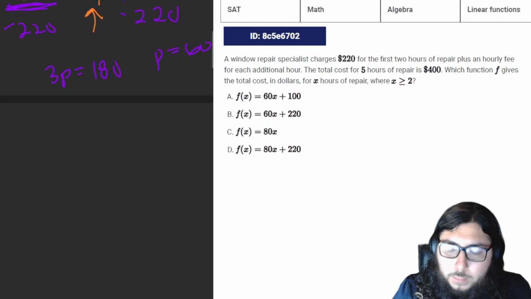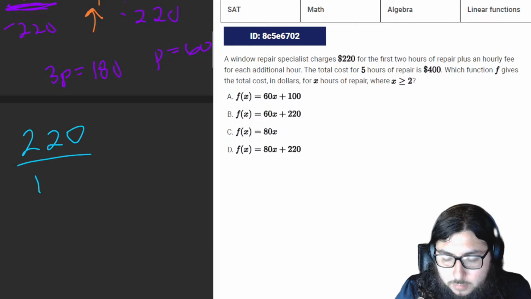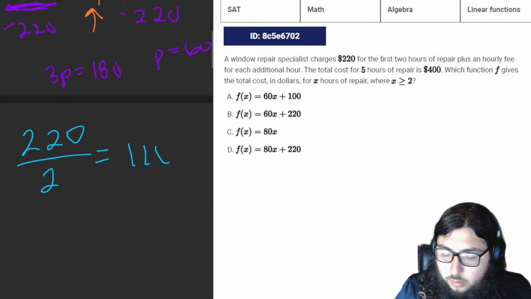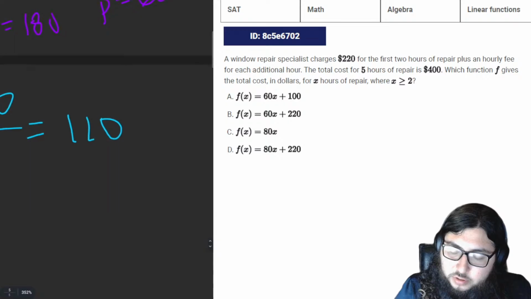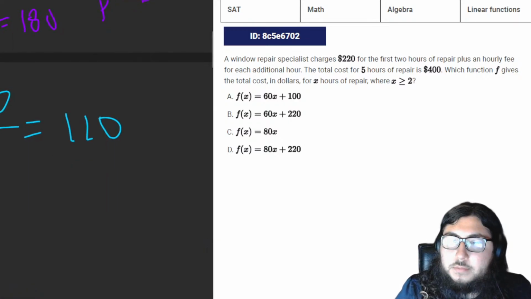Well, what we can do is divide 220 by 2, because this is the work for 2 hours. So that means that we're getting charged 110 an hour for the first 2 hours.